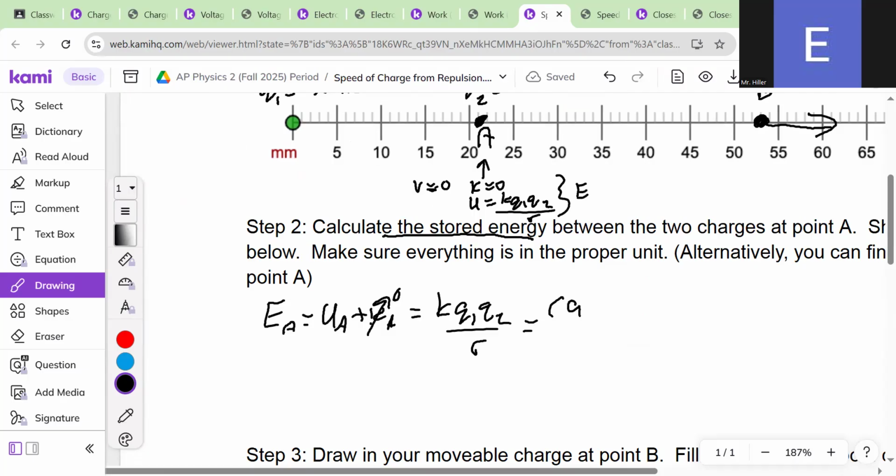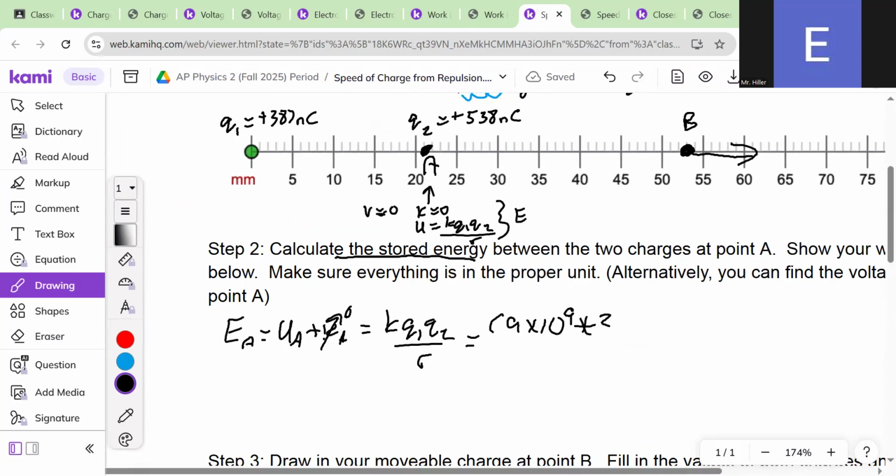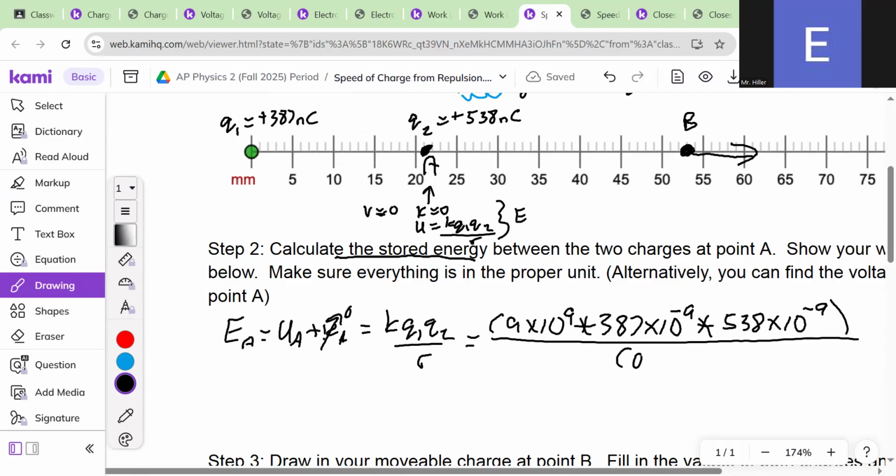So we're going to go 9 times 10 to the 9 times charge 1, 387 times 10 to the negative 9, times charge 2, 538 times 10 to the negative 9, close parentheses, over the distance, which is 21 millimeters. So it's 0.021 meters. Don't square it.